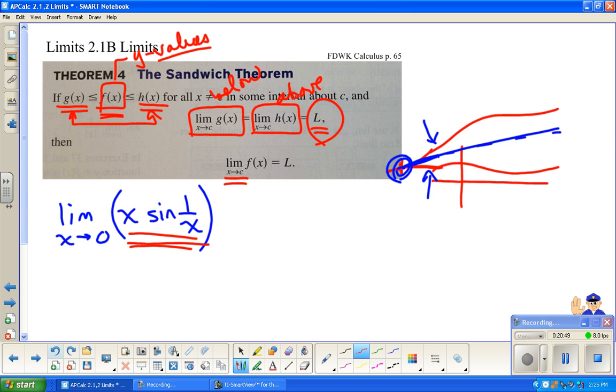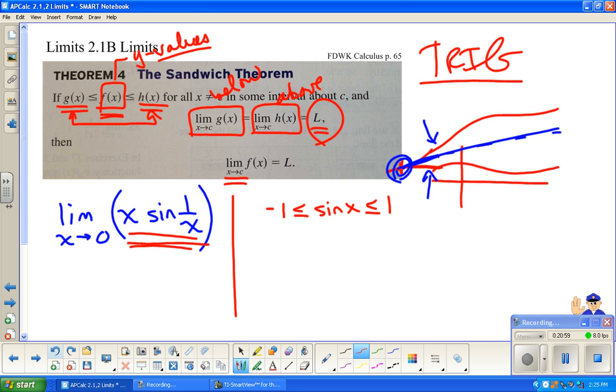So, here is how it goes. We're going to start with a function that we know where it is. Typically these are for trig, and this is called the sandwich theorem. The idea is you're squeezing, like squeezing between bread. These are for trig functions, specifically sine and cosine, because we know the range of sine and cosine is always between -1 and 1.